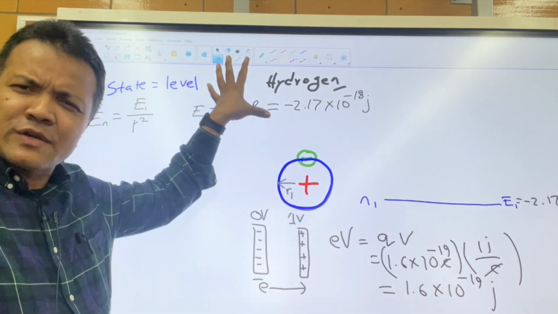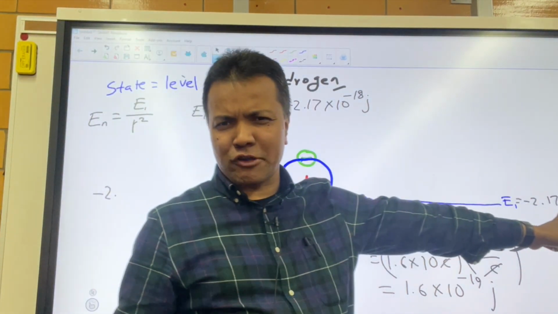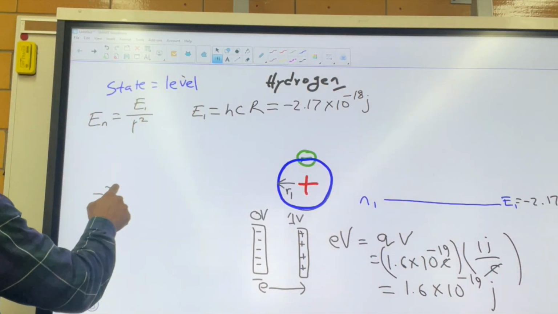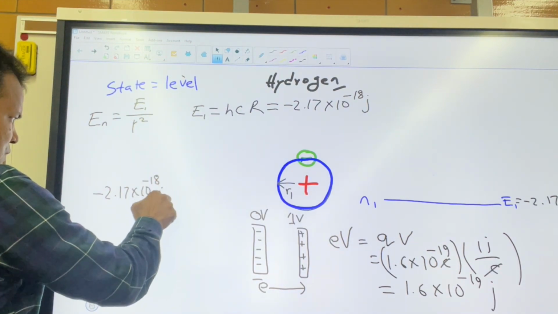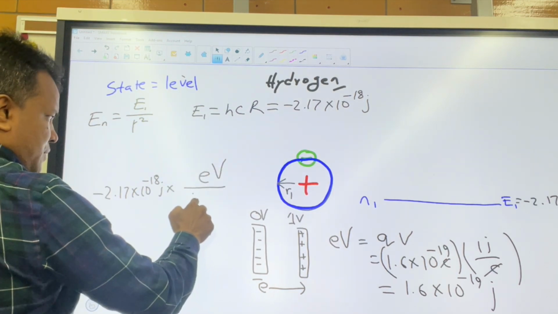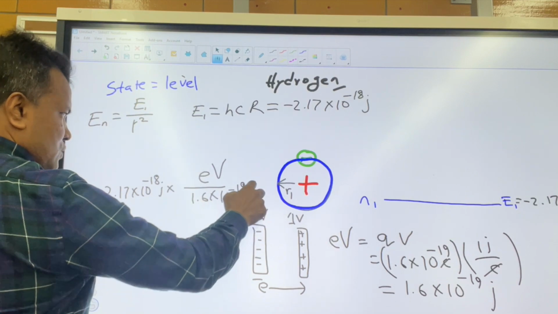Now we should be able to see how much electron volt right here. Let's see. So negative 2.17 times 10 raised to negative 18 joule has how much electron volt? Divide by 1.6 times 10 raised to negative 19 joule. Joule cancel.